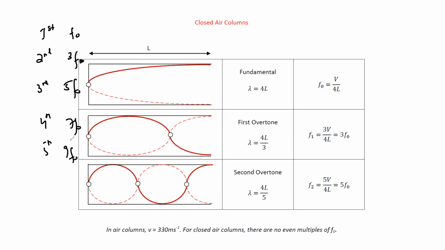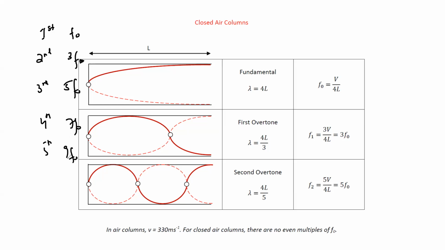In the previous example, for an open pipe or a string, when we reduce the wavelength, the frequency increases. For the first harmonic it was F0, for the second harmonic it is twice, the third harmonic 3 times, the fourth harmonic 4 times.